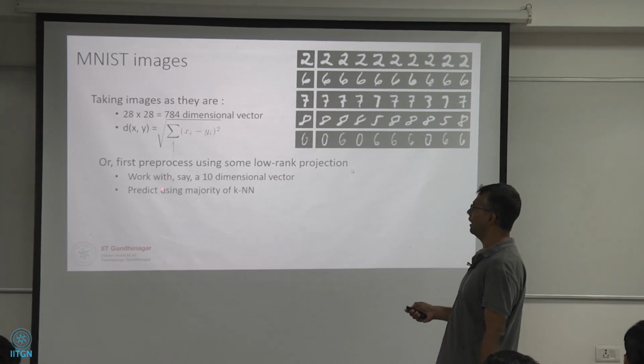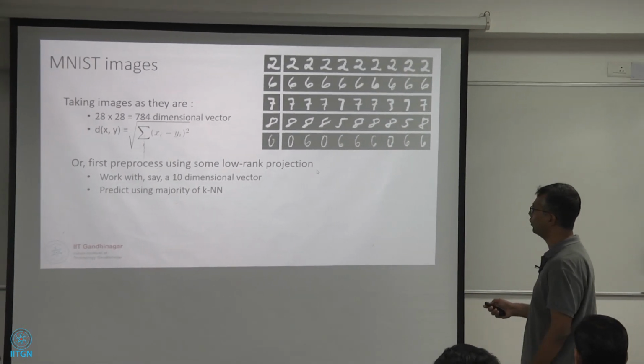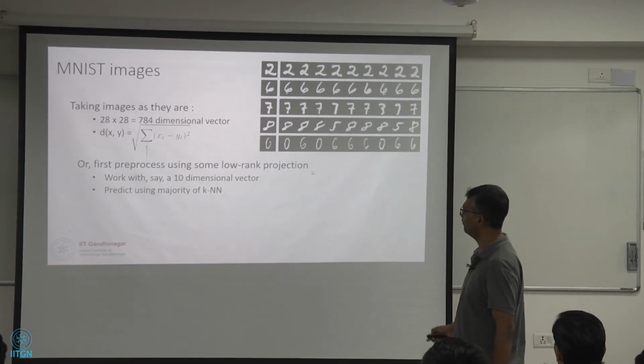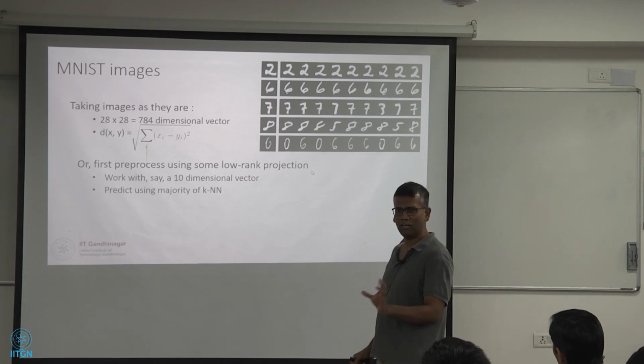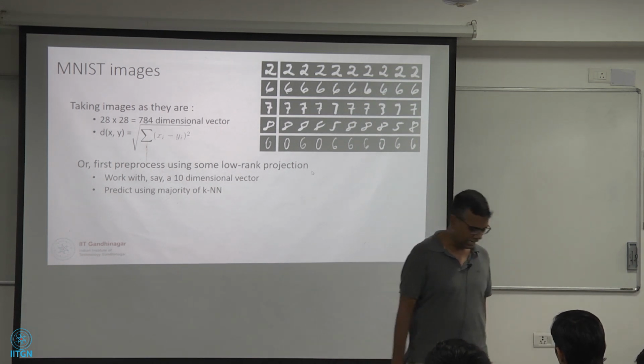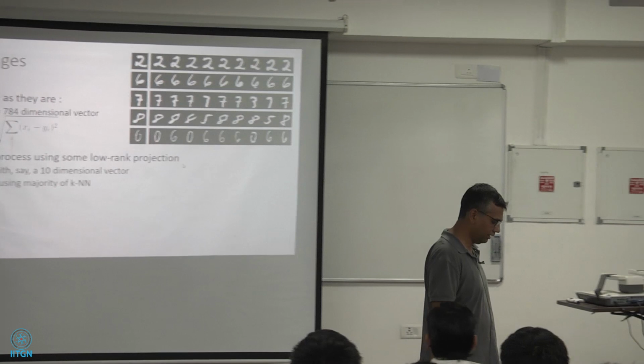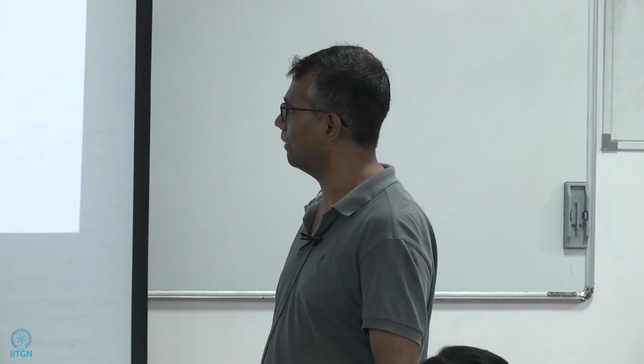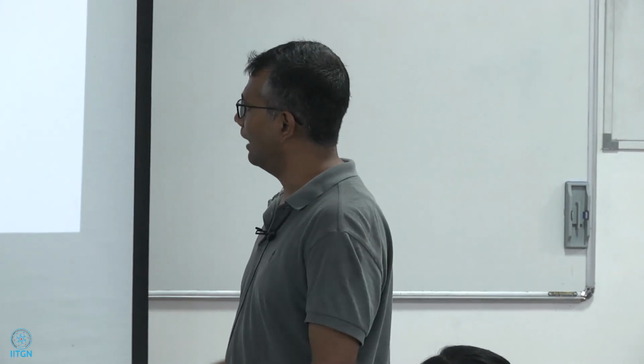A slightly better way of doing this is not to work with the original high dimensional vector, but to work with a slightly lower dimensional vector, because I know that the input is kind of low dimensional. So any self-respecting data scientist would project it into some low dimensional vector, although she would not know what low dimension. That would come out by experience and by trying it out.